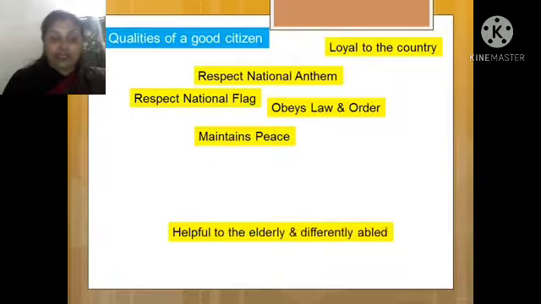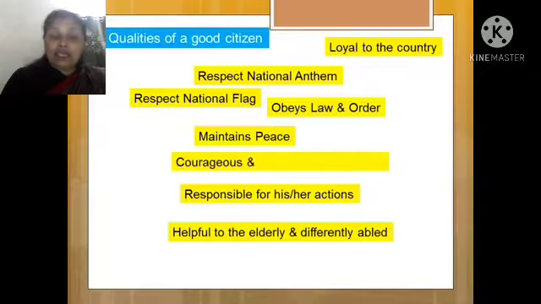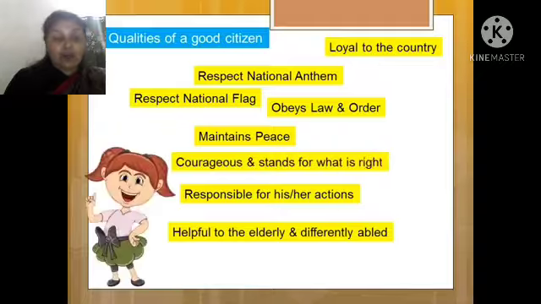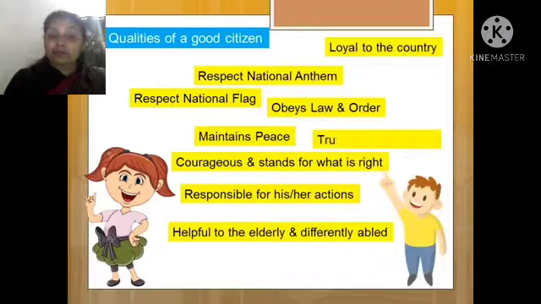Voting in elections, that is one of the primary responsibilities of a good citizen. And you know that India is the largest democracy in the world. A democracy is the government of the people, for the people, and by the people.